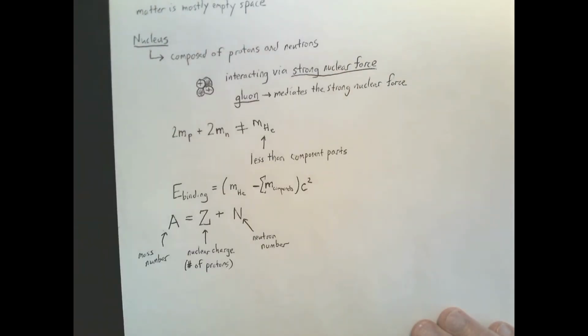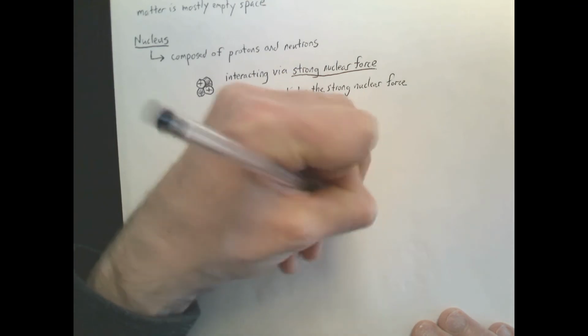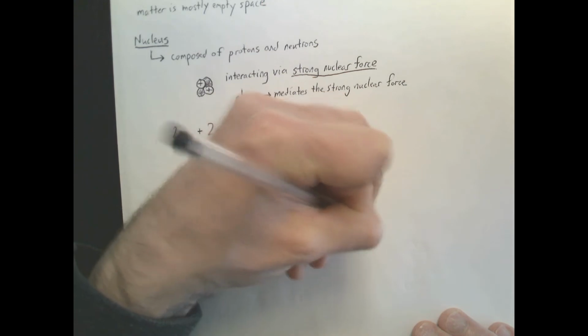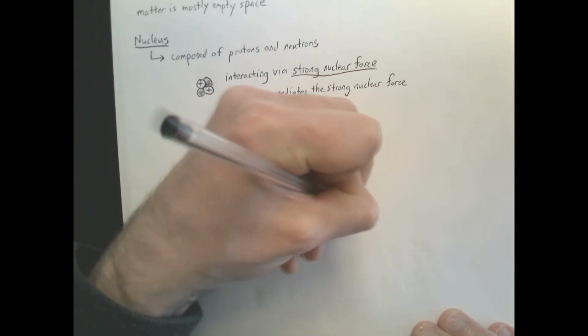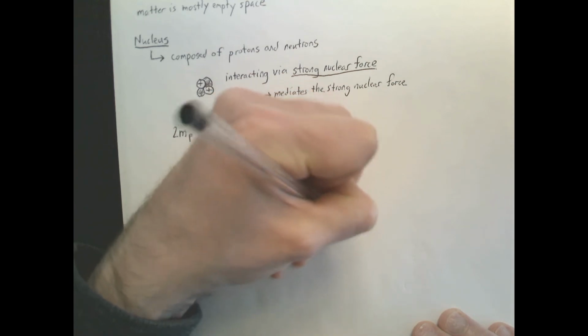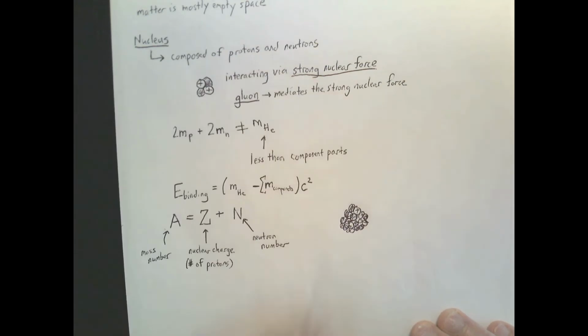So as we build a nucleus larger and larger, if I have all these little bits there in the nucleus, this is a very massive nucleus here. It's composed of protons and a bunch of neutrons. That one's going to be a proton.